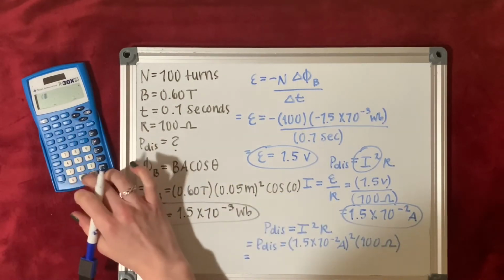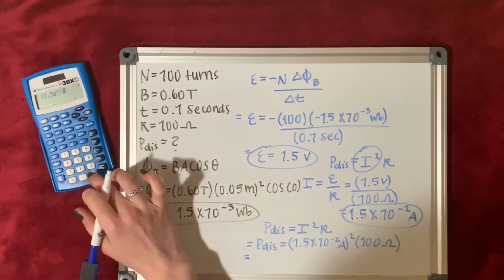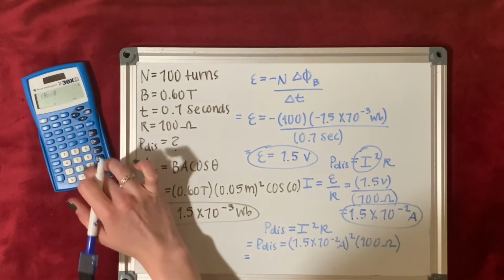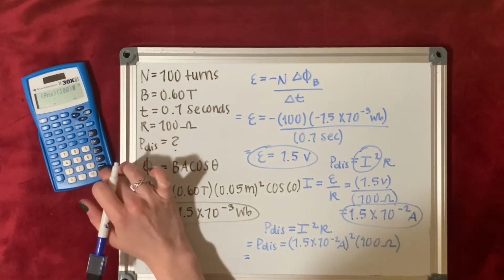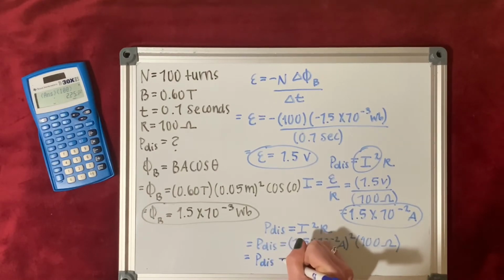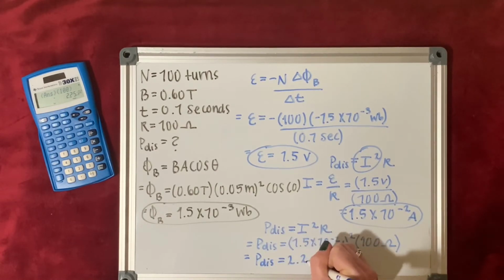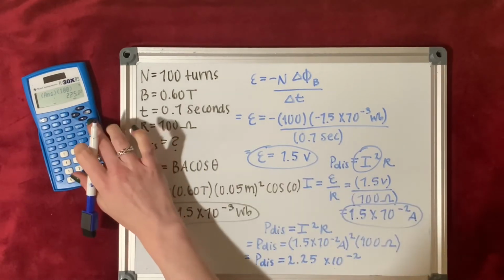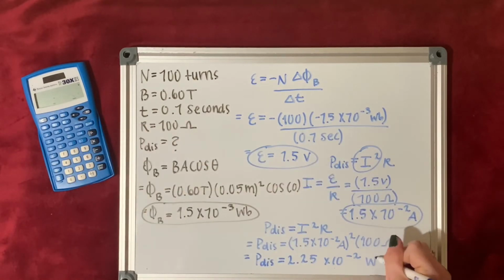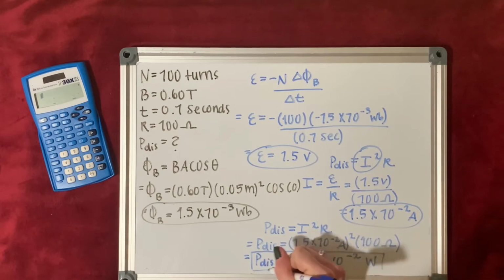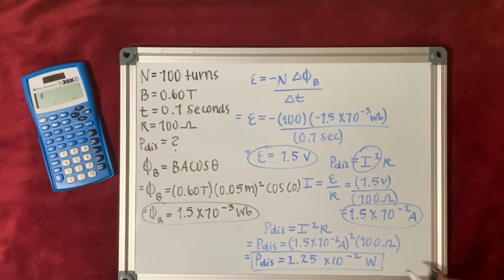Plugging that into the calculator, we get 2.3 times 10 to the negative second watts. That's our answer. Good job, everyone.